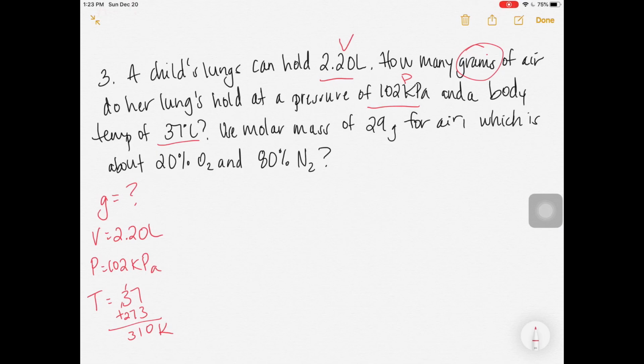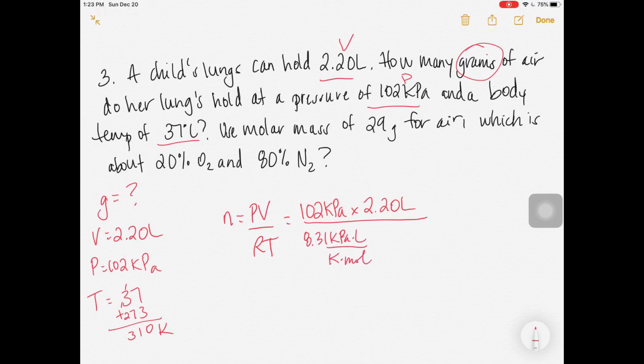So how many grams? Same idea. I'm going to solve for moles and then turn it into grams. So P was 102, V was 2.20. Again, I'm going to pick the R that has kPa. Everything cancels except for moles.